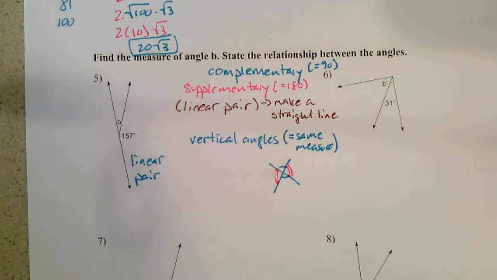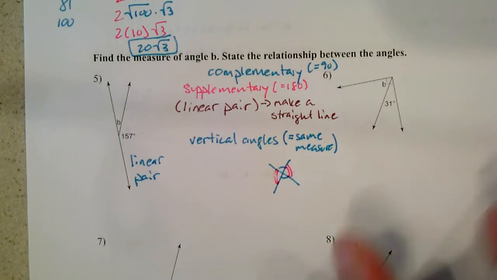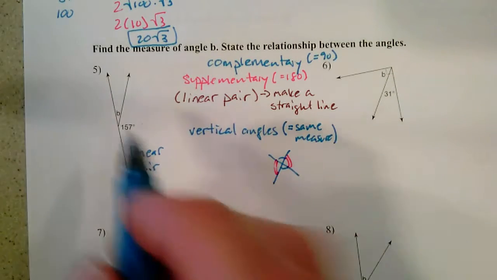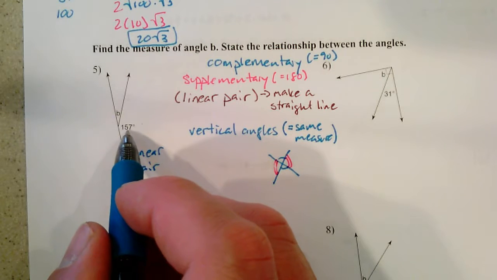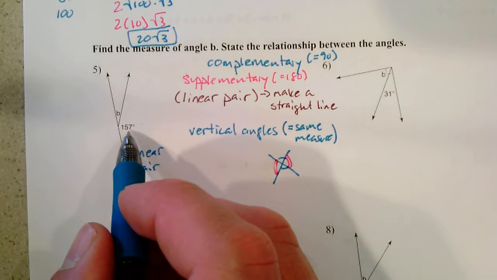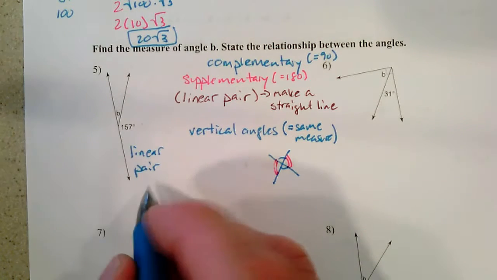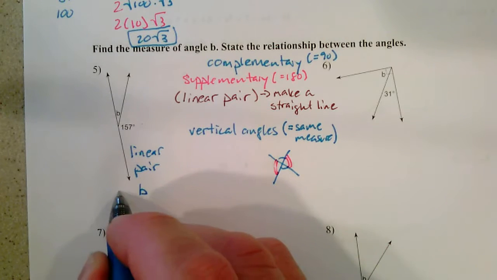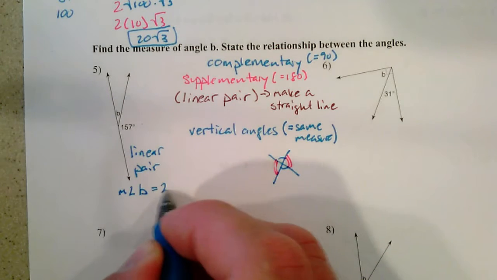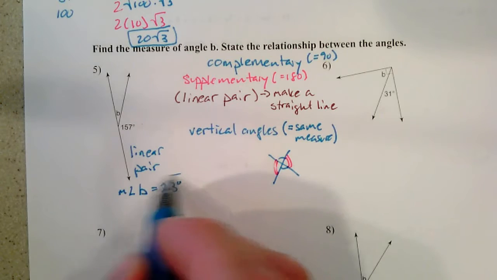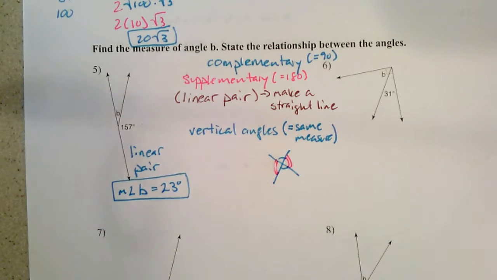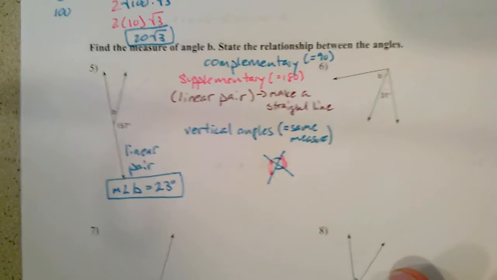And I'll let you slide on all the equation solving here. We'll just figure out, let's see, 157, 167, 177. That's 23 degrees. Measure of angle B equals 23 degrees.